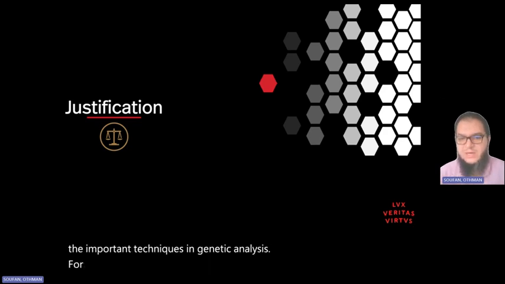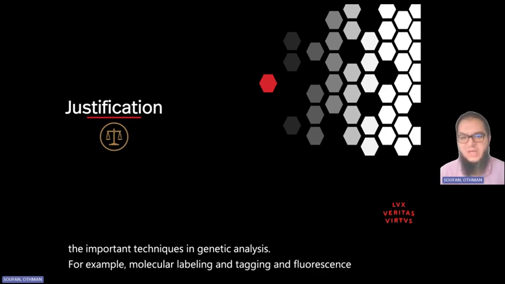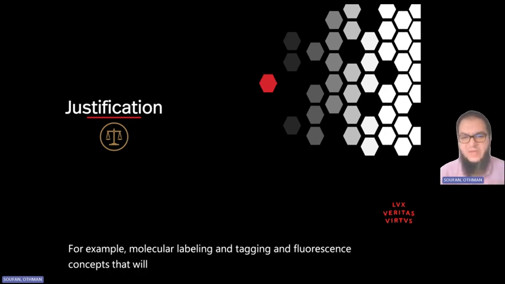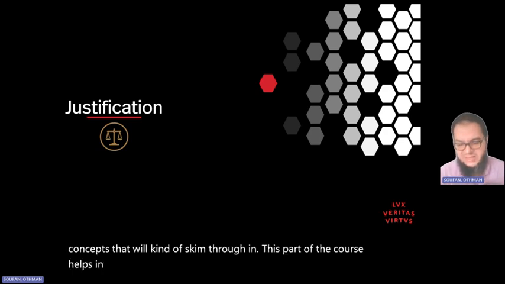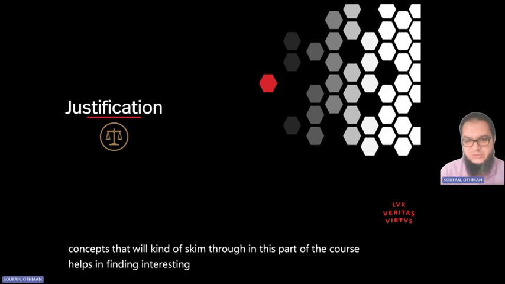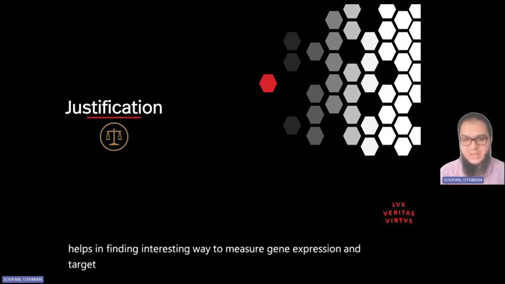For example, molecular labeling and tagging and fluorescence concepts that we'll skim through in this part of the course help in finding an interesting way to measure gene expression and target specific genes.